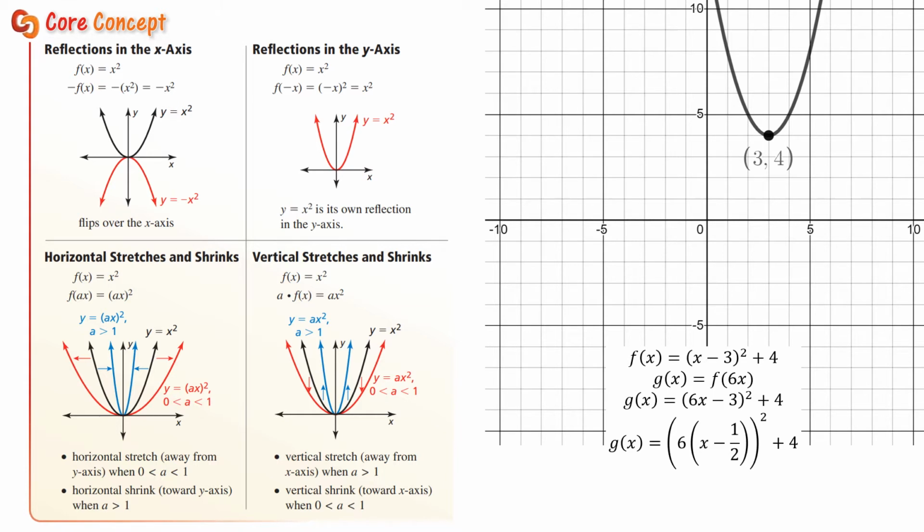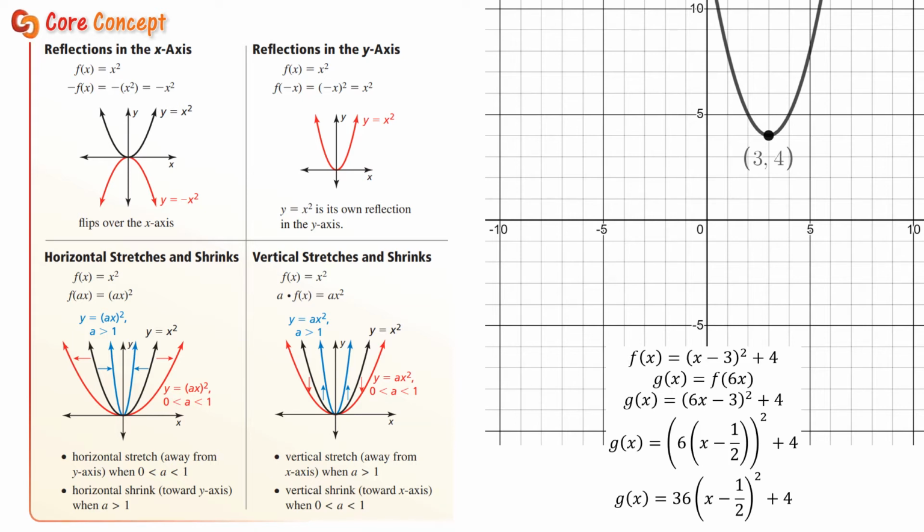Now, to finish this up, to understand maybe even a little bit better, if we take the square and apply it to the 6, we could bring it to the outside as being a 36. So if you want to think that this is going to look like a vertical stretch, which means it's going to be narrower, I agree with you.